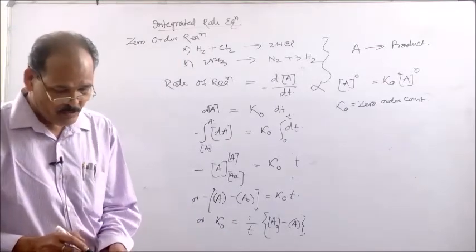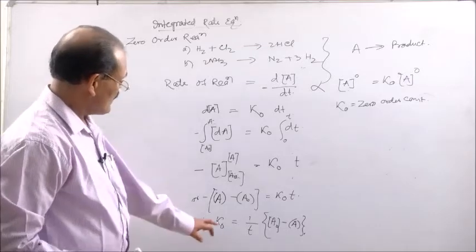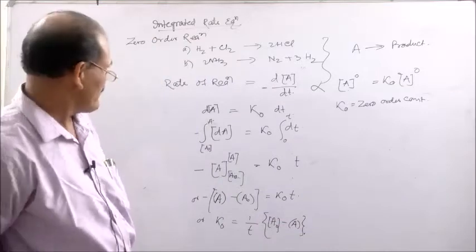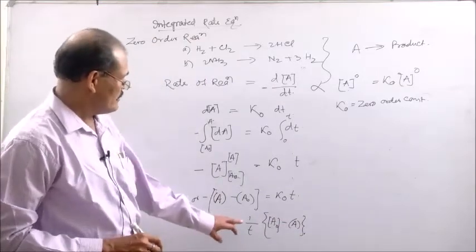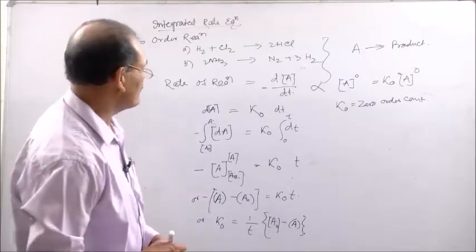So in that case, what happens? As we have seen, it depends upon the linear equation of a straight line. In that case, t varies directly with the concentration.